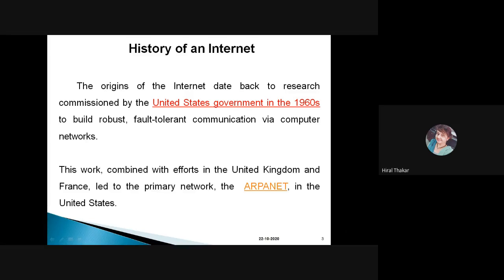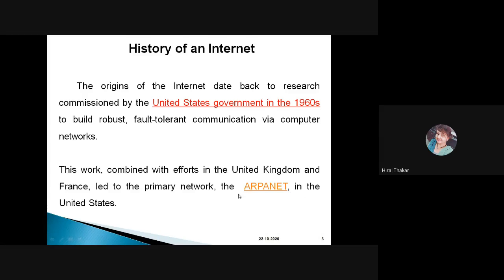The United States government in the 1960s wanted to build a robust, very strong, fault-tolerant communication via computer network. So they just wanted a strong network for communication. This work combined with the effort in the United Kingdom and France led to the primary network, the ARPANET, in the United States.